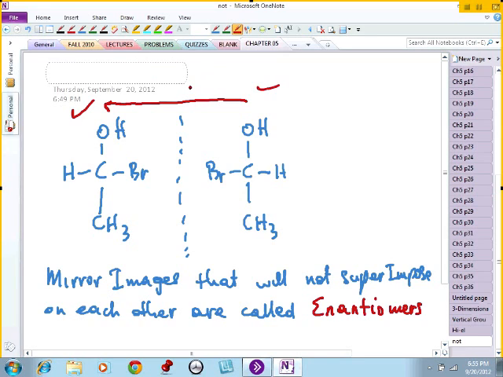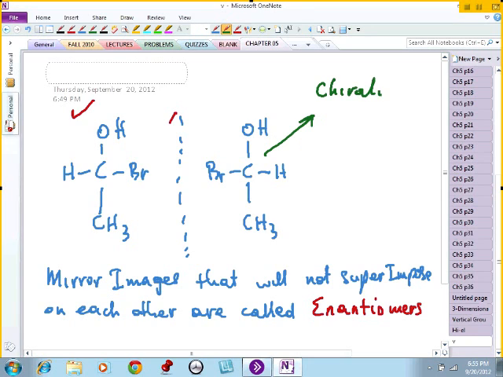Now, another thing that will also help you: anytime you have a carbon atom attached to 4 different atoms or 4 different groups, that carbon atom is called a chirality center. For example, this carbon here is called a chirality center or chirality carbon.